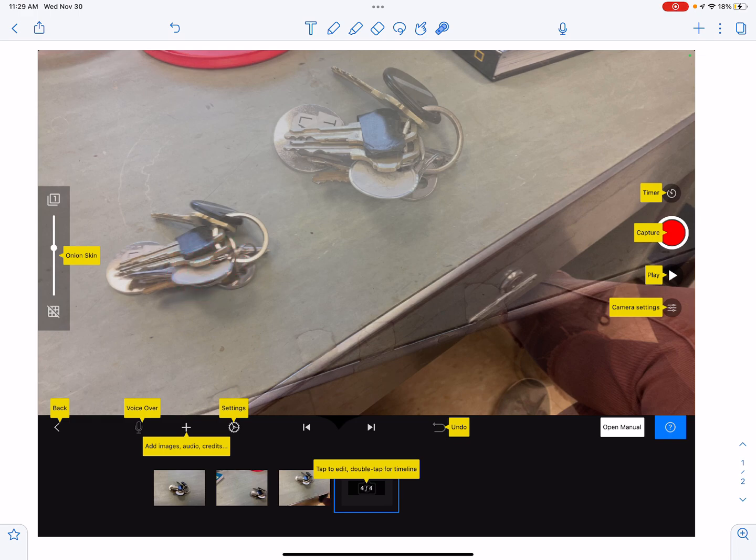So toggling the onion skin all the way down, you'll only see the previous picture, and all the way up, you'll only see the current picture. So having the onion skin somewhere in the middle gives you a good idea of the last picture you took and the amount that you want to change one picture to the next to get the effect that you're looking for in your stop motion.